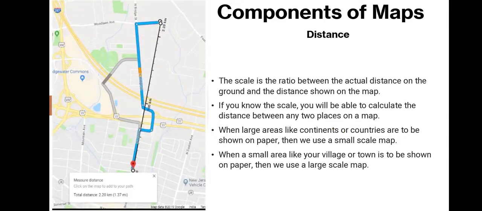Here you can see distance calculating by a scale, where in ground or actual distance is 1 kilometer. It is impossible to show it on a flat surface, so the actual distance has been reduced on a map to 1 centimeter or 2 centimeter. That is the distance component of a map.